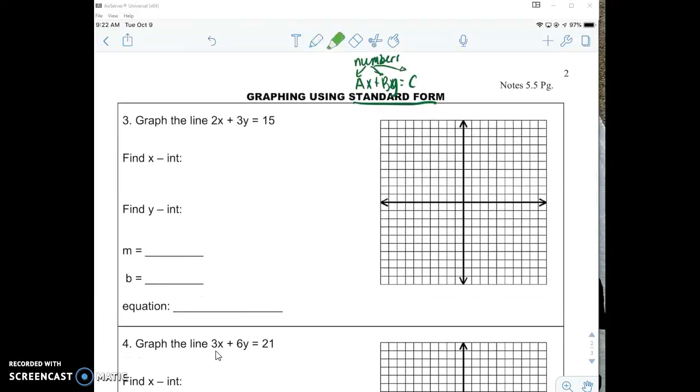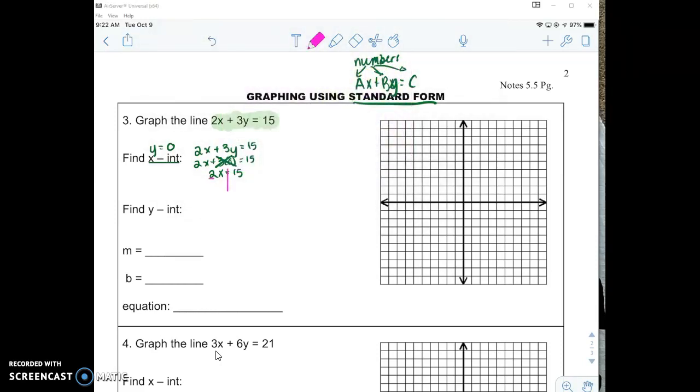Number 3 says graph the line 2x plus 3y equals 15. First, we're going to find the x-intercept. So remember what we know about x-intercepts: the y value is equal to 0. So in this equation, 2x plus 3y equals 15, if I replace the y value with 0, I know 3 times 0 is 0, so all that's left is 2x equals 15.